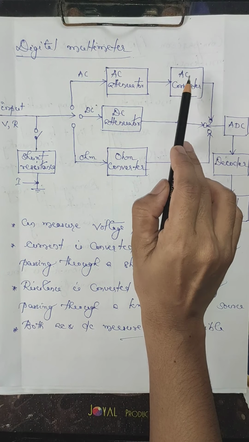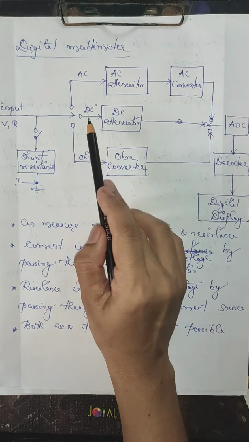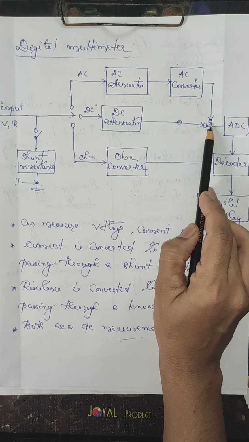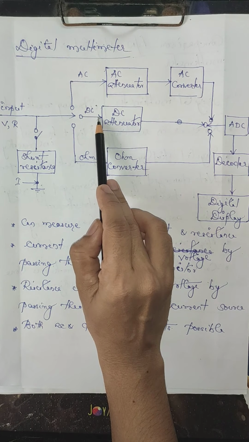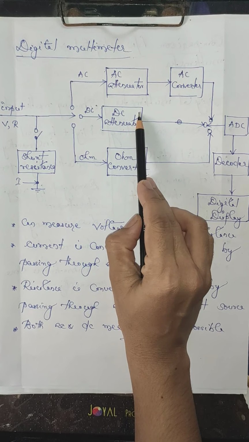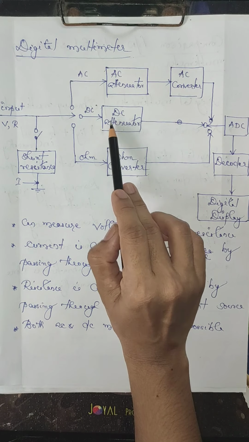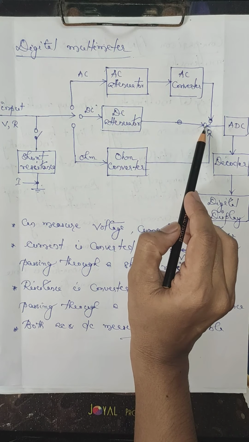A converter converts the AC signal into DC, and it is given to this point. Now, if it was a DC voltage signal, it was given to a DC attenuator. So the attenuator reduces the signal level, and it is given to this point.